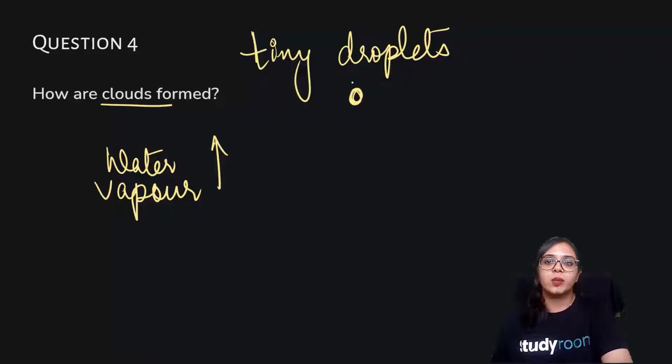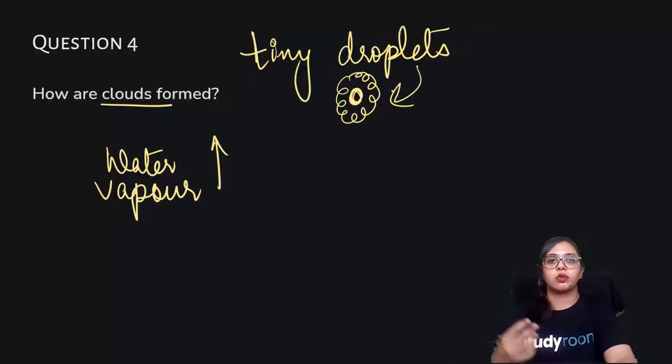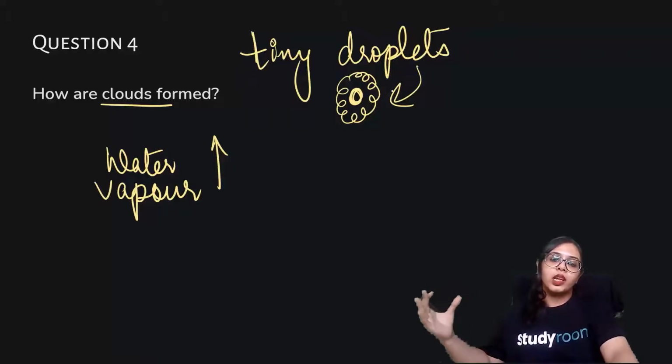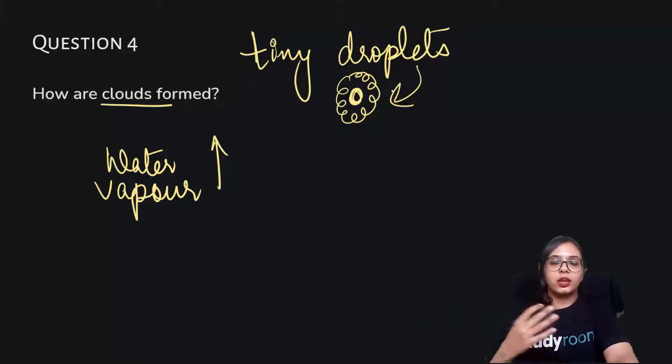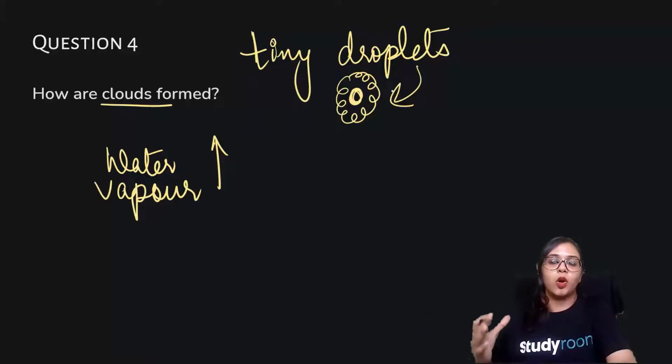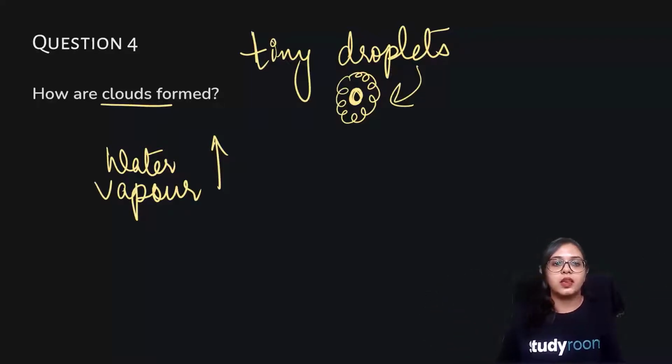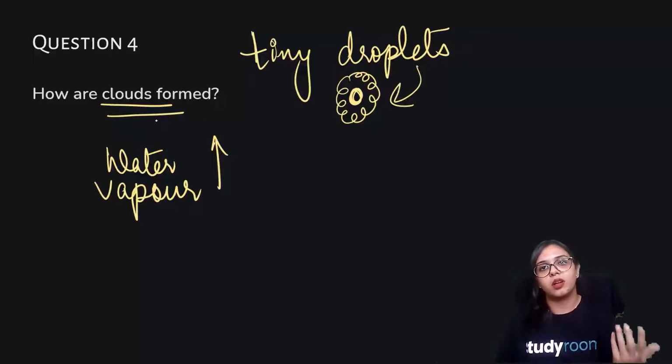So if this is an air particle, these water droplets are condensing around these air particles to form tiny droplets, and the accumulation of all these tiny droplets will ultimately lead to very large droplets occurring in one mass, and this one homogeneous mass, you can say, is basically your cloud, and this is how your clouds are formed.